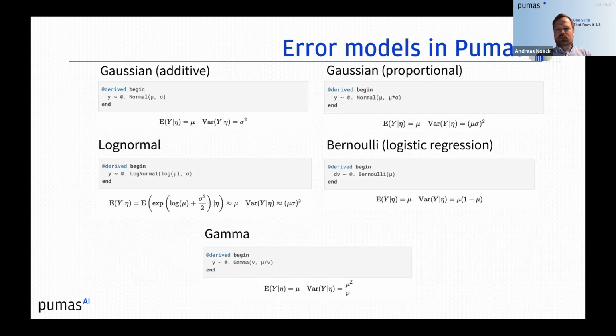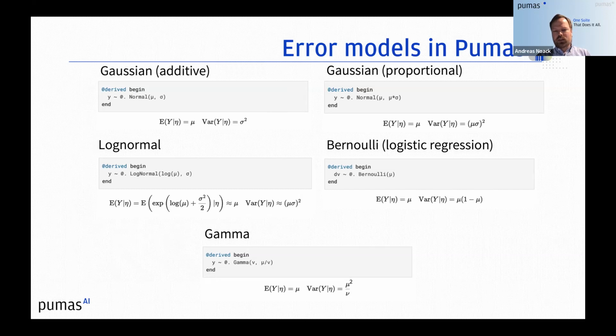So let's talk a little bit about how you specify error models in Pumas. In some other software solutions, you might have a special casing of the Gaussian case, particularly if you consider NONMEM. There, the standard setup is for the Gaussian case, and you formulate your model in a regression-like setting.